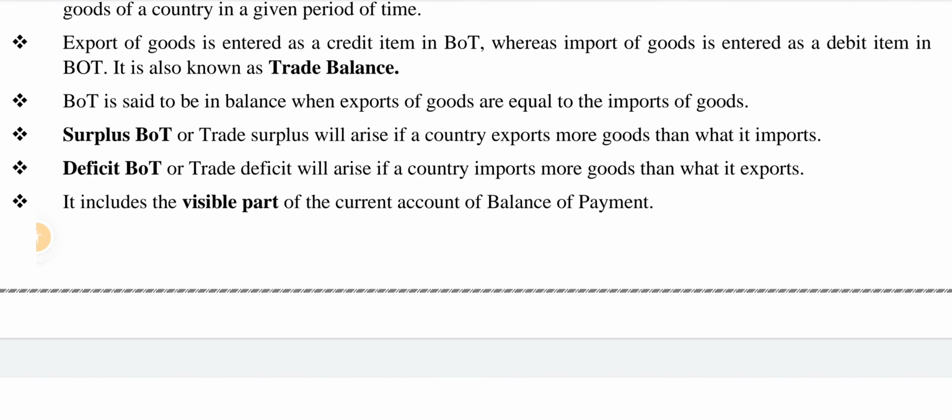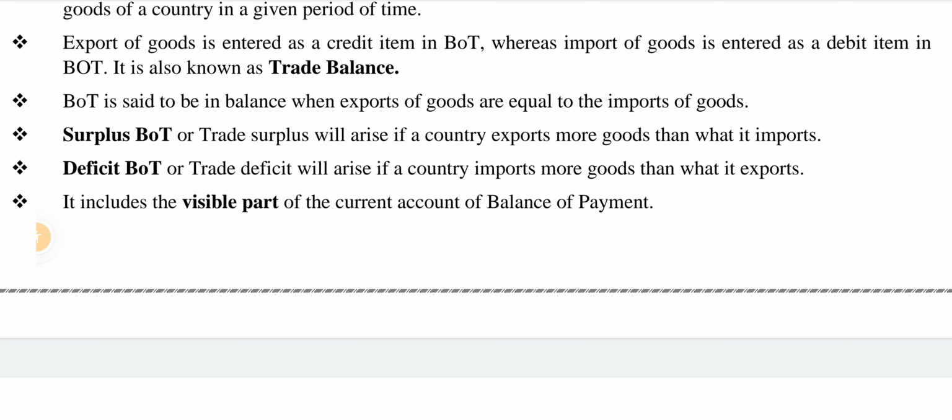Surplus balance of trade, or trade surplus, will arise if a country exports more goods than it imports. Deficit balance of trade, or trade deficit, will arise if a country imports more goods than it exports.